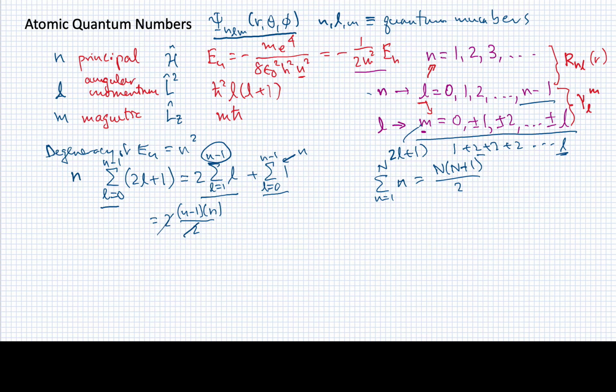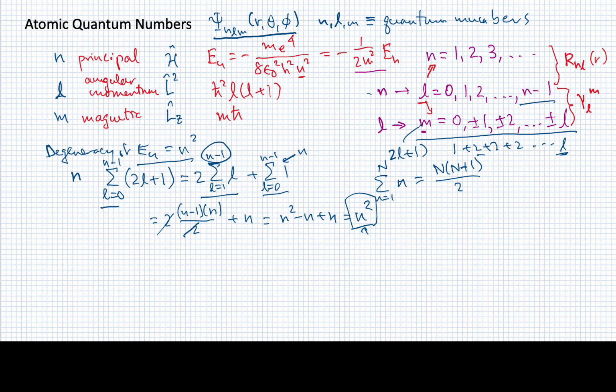The 2's cancel. I'm going to add now to this a value of n. So I'll end up having n times n minus 1 plus n, or n squared minus n plus n, which is n squared. So I think you can see that just adding these states up always will give us the result n squared, and that's the degeneracy of the nth energy level of the hydrogen atom.